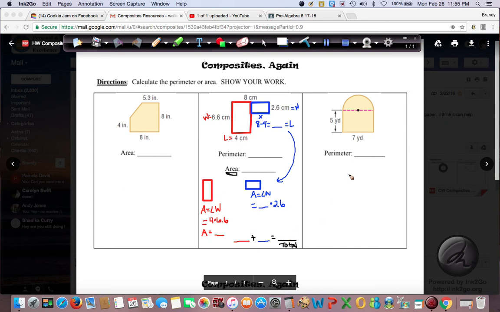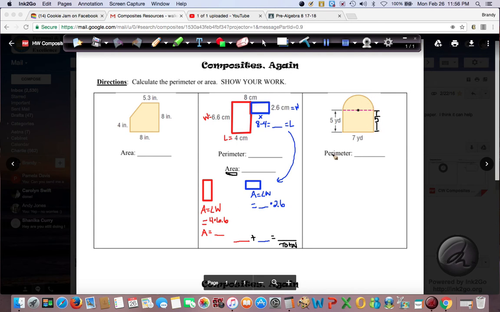Last problem is perimeter. So we want to go around this shape. I have 5 yards over here, so this is a rectangle at the bottom, which helps because I know this piece right here is 5 from this line to this line. And then if you've noticed, I have a semicircle.